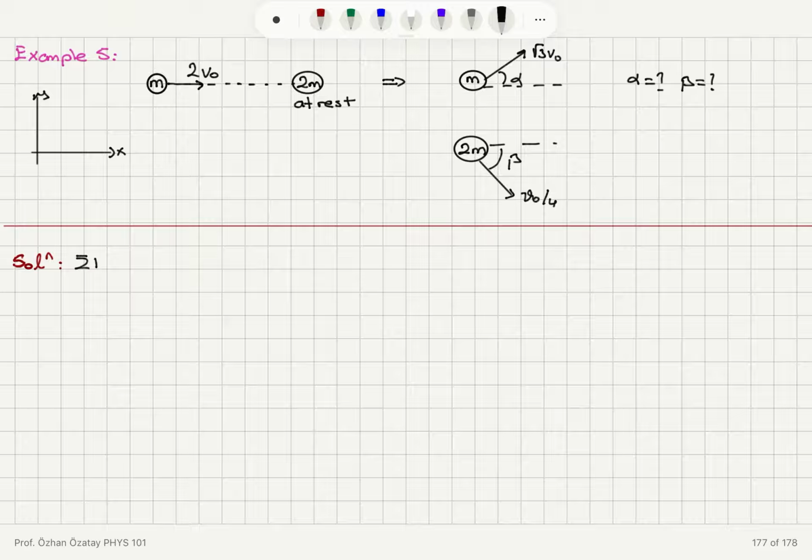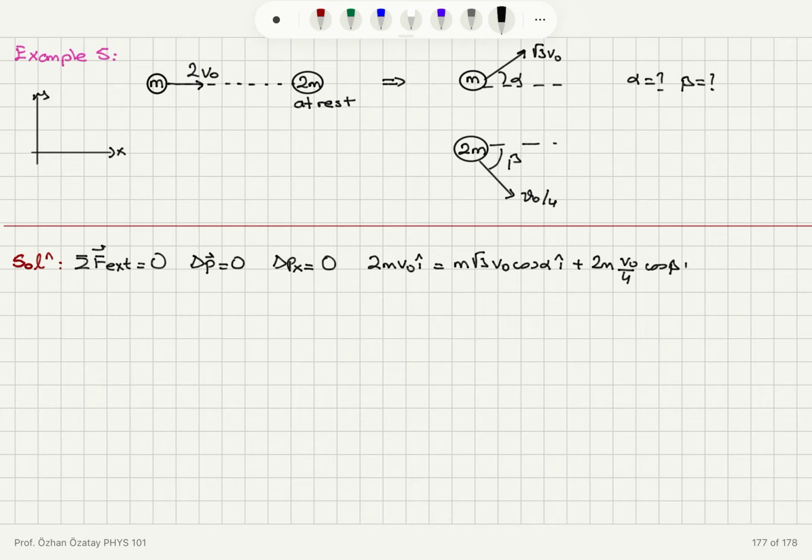Okay, so I write the total external force acting on the system is 0, linear momentum is conserved, and for the x components, I have initial linear momentum 2mv0 i hat is equal to final linear momentum m square root 3v0 cosine alpha i hat plus 2m v0 over 4 cosine beta i hat.